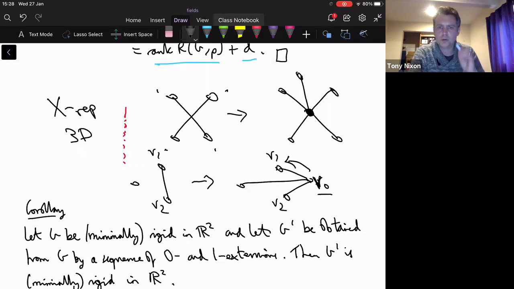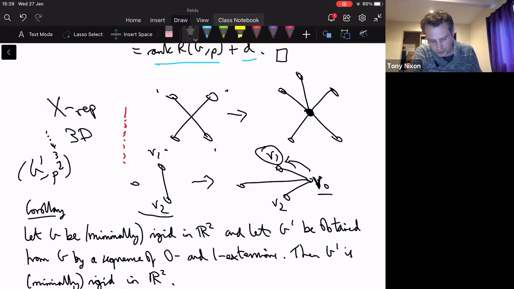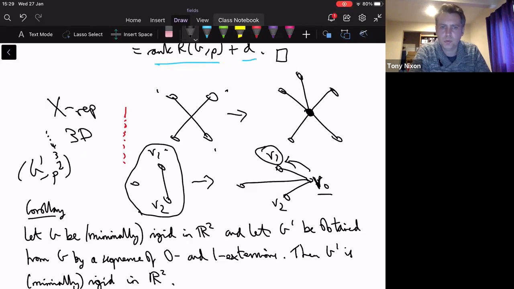So you have frameworks G dash P1, G dash P2, P3, P4, a sequence of them. And as that sequence tends to infinity, PV0 gets closer and closer to PV1. And you can use this sort of limiting sequence and the properties of it to establish a contradiction by showing that the infinitesimal flex must transfer to this framework.